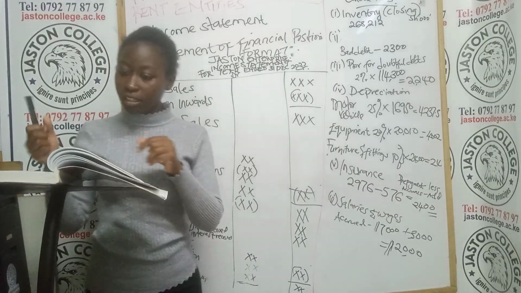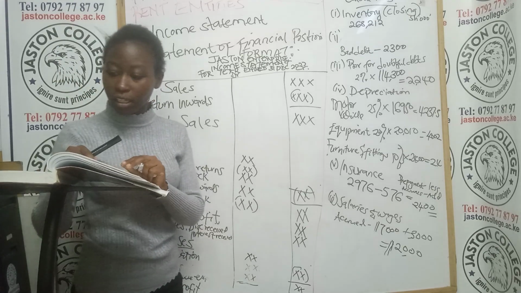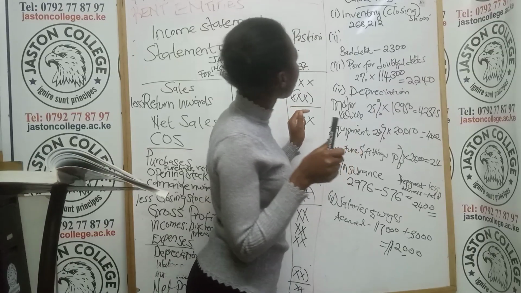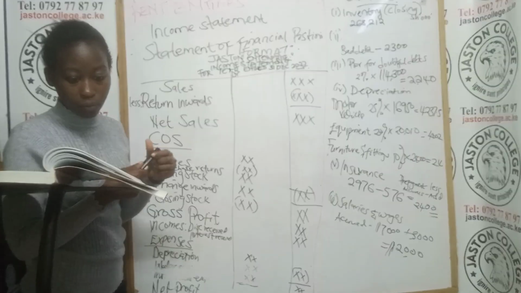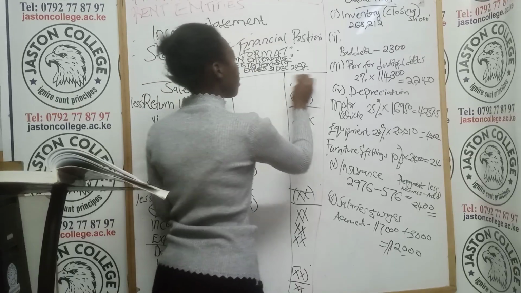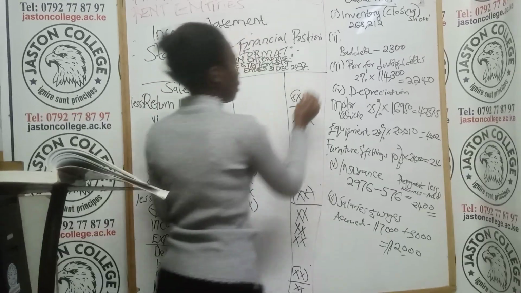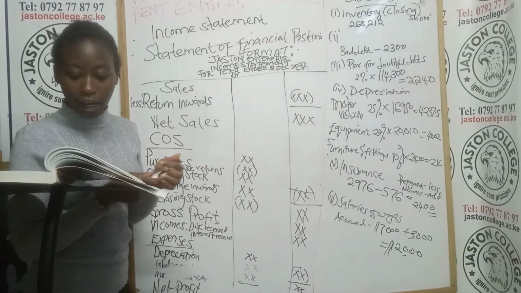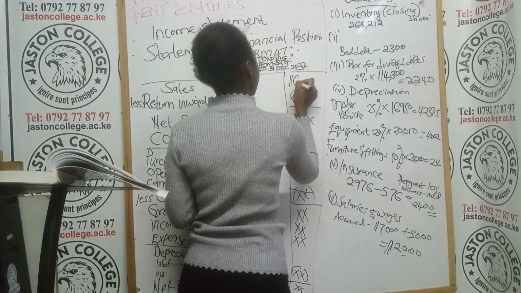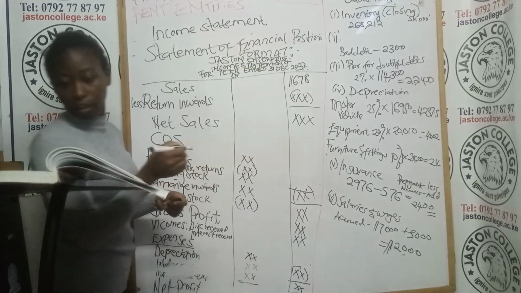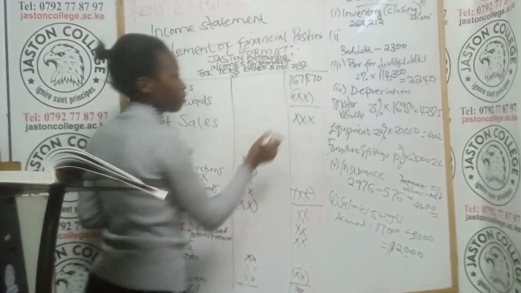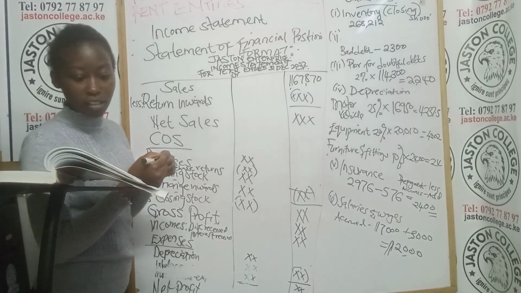So we have the sales for Jessica Pendo. We have the sales, which is working number... we have 1167, 870.